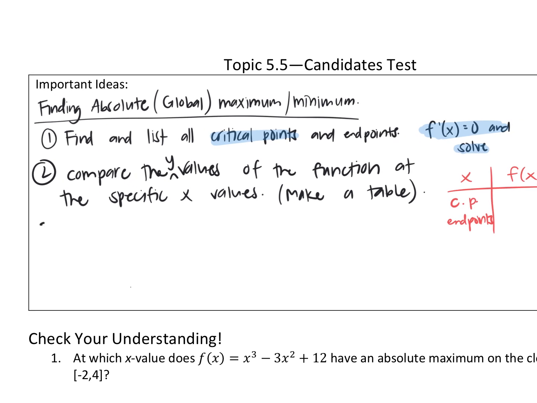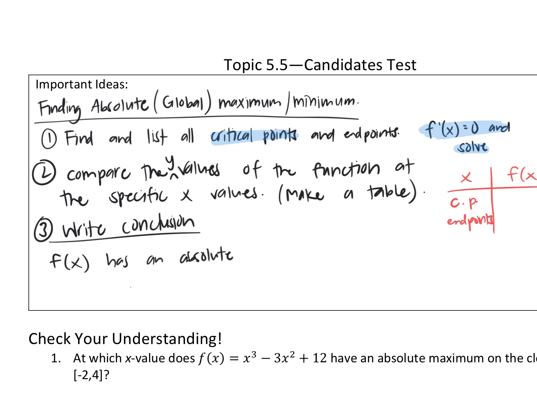And then lastly is we need to write a conclusion of what are we finding, what is the question asking us, did we find a relative or absolute minimum or maximum. And in our conclusion, I want us to say something along the lines of f of x has an absolute max or min of whatever value at x equals something.